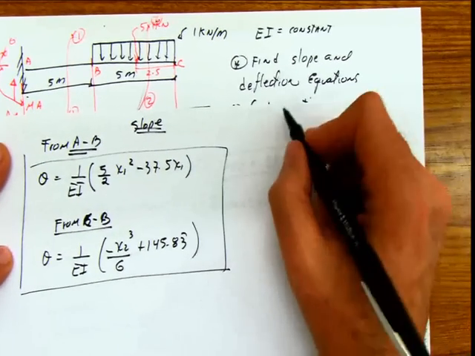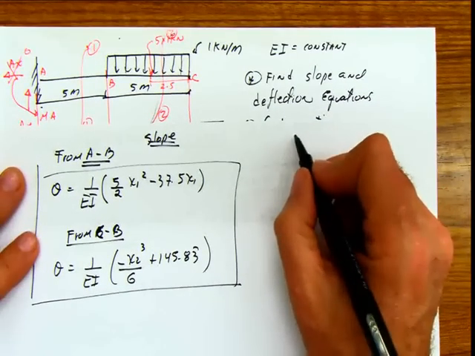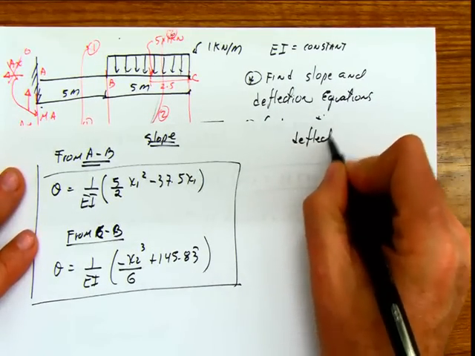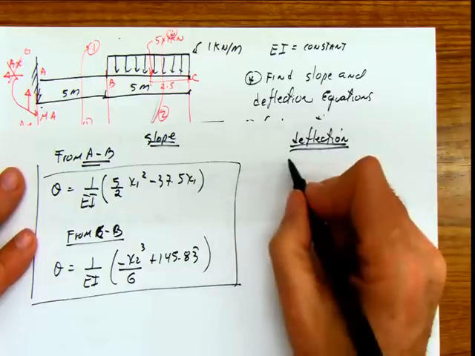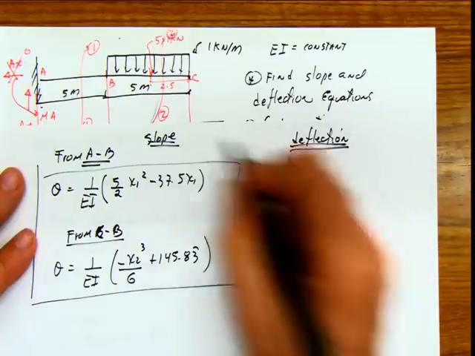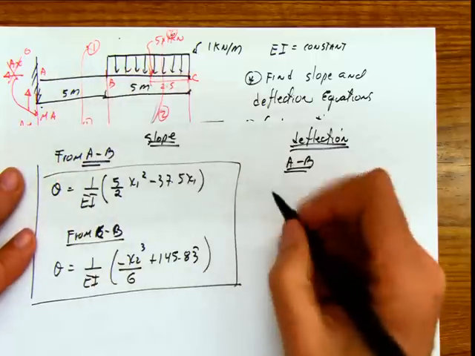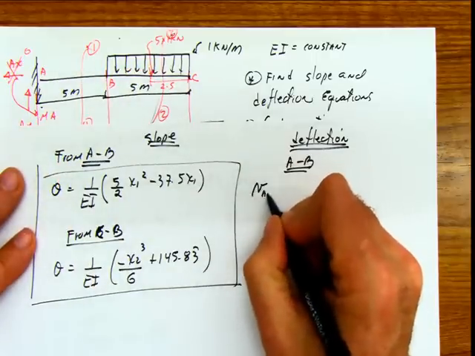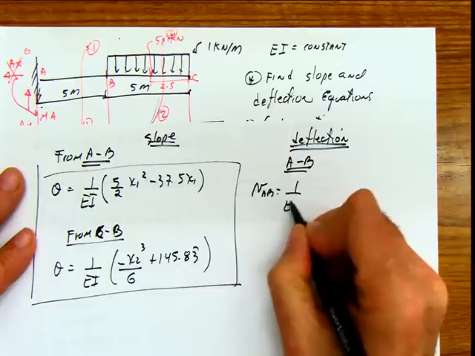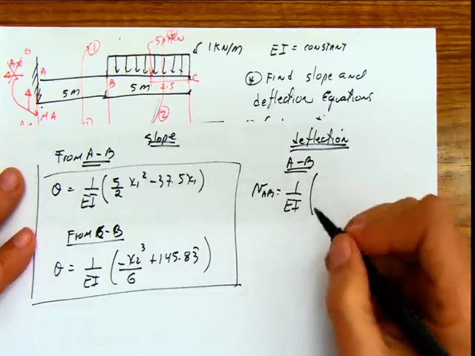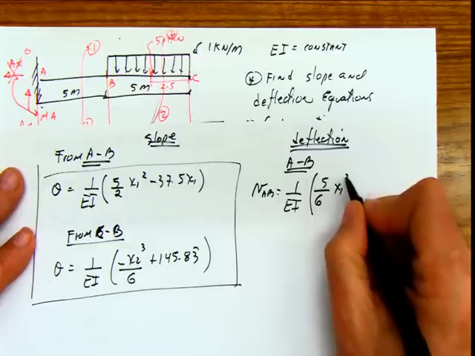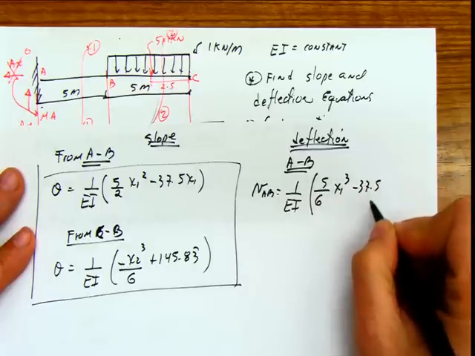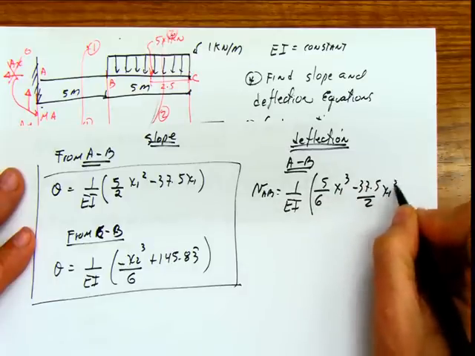Now, if I'm worried about deflection, from A to B, within this part also, the deflection that I got was 1 divided by EI times 5/6 x1 to the third minus 37.5 divided by 2 x1 squared.